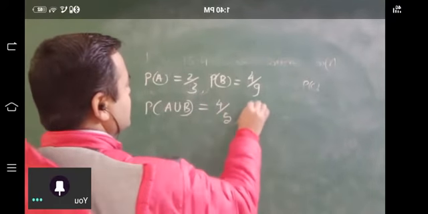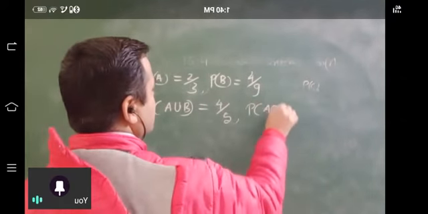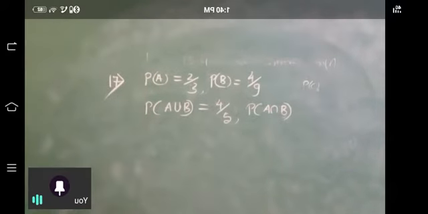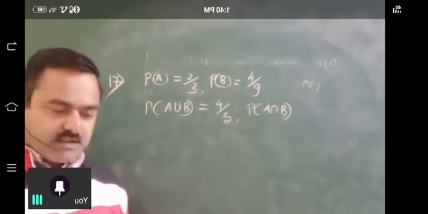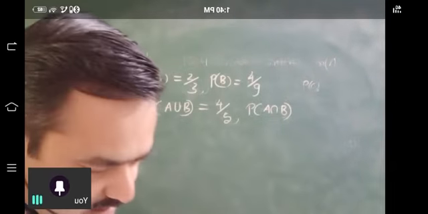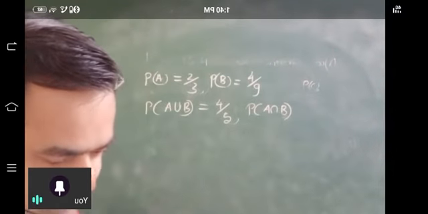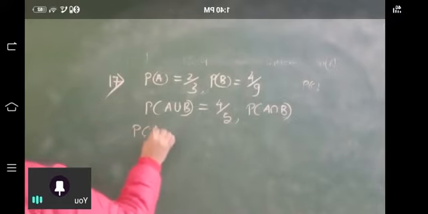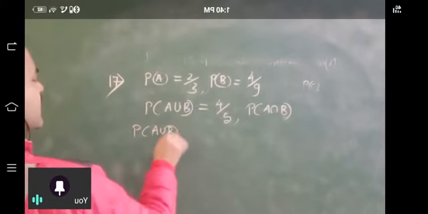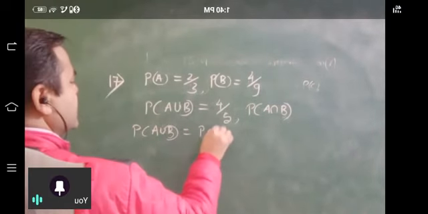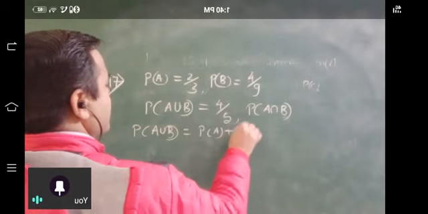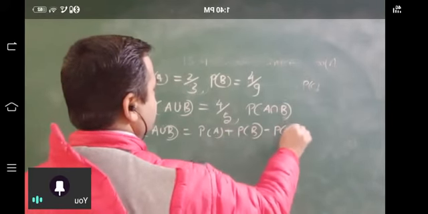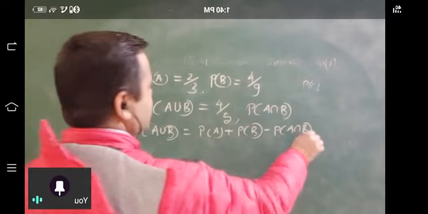Then we have to determine the probability of A intersection B, that he can get both the contracts, electricity and plumbing. So we apply P of A union B equals probability of A plus probability of B minus probability of A intersection B.